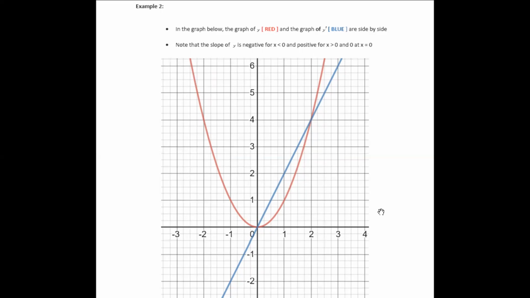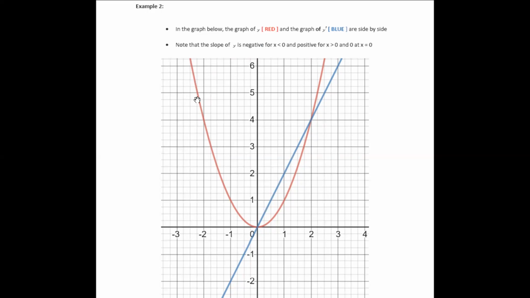The horizontal axis is the x-axis for both. For the red graph, the vertical axis is y. For the blue graph, which is the derivative, the vertical axis is y prime. Keep that in mind.